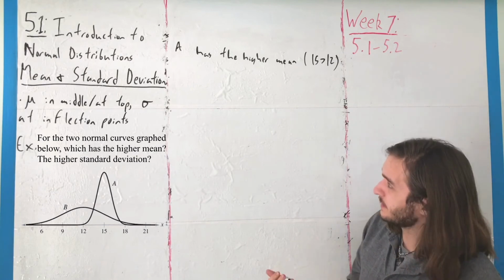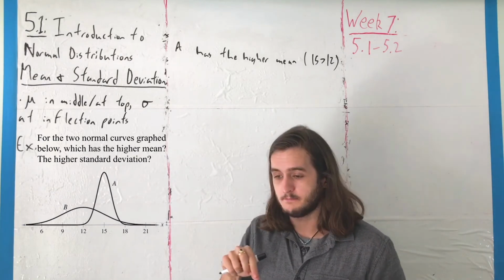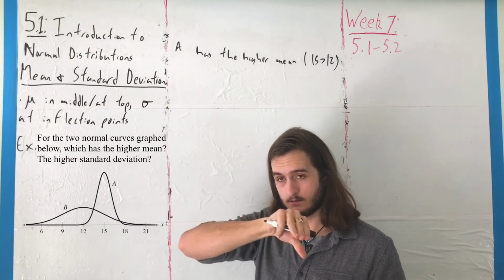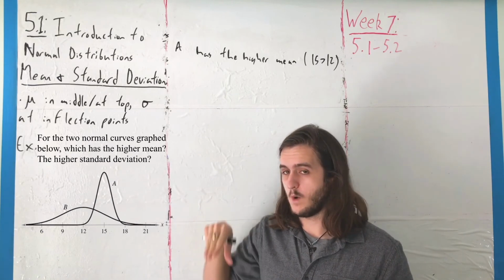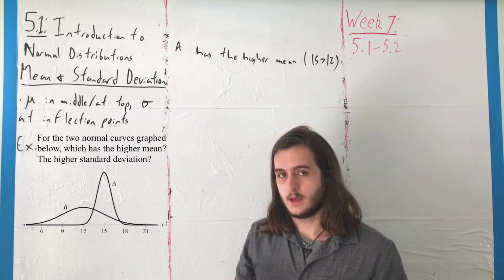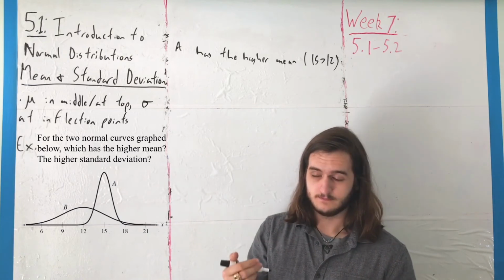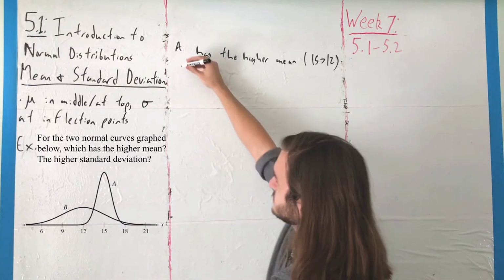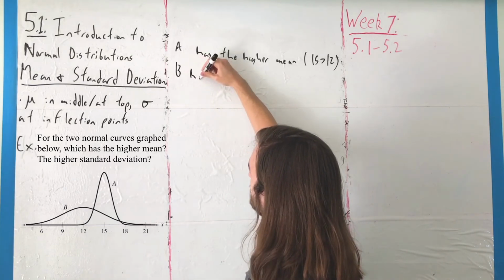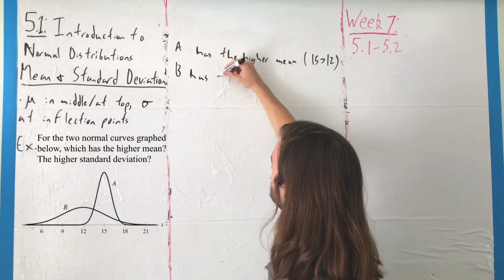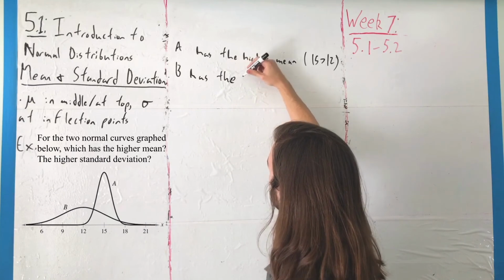On the other hand, because B is flatter, it's wider, and a wider normal distribution indicates that we have more variety, indicates a larger standard deviation. So B, because it is flatter, has the wider standard deviation.